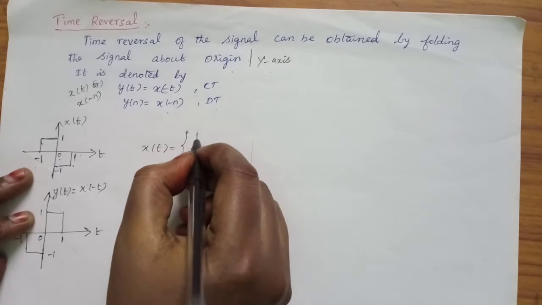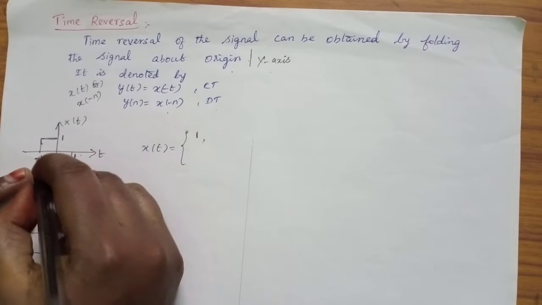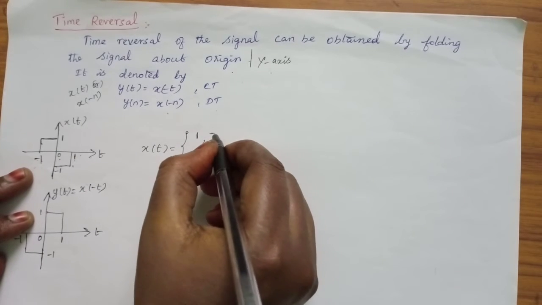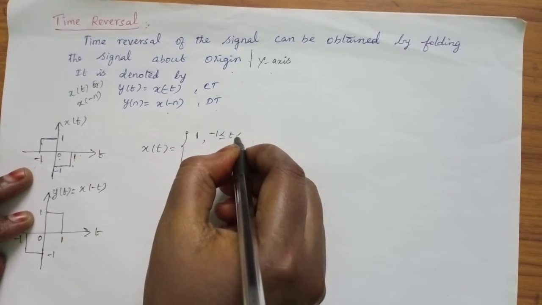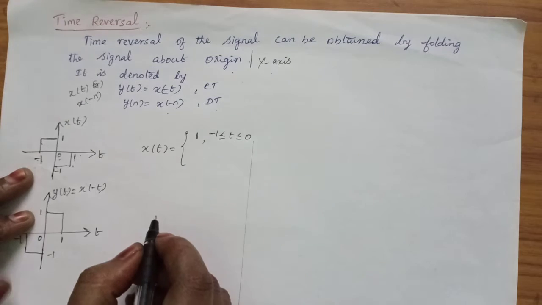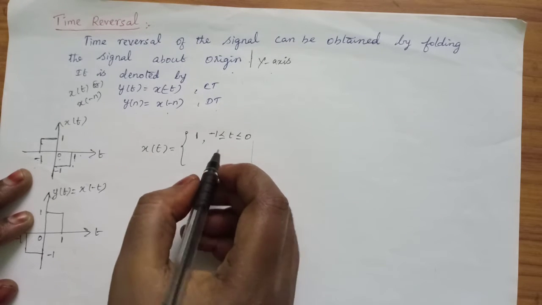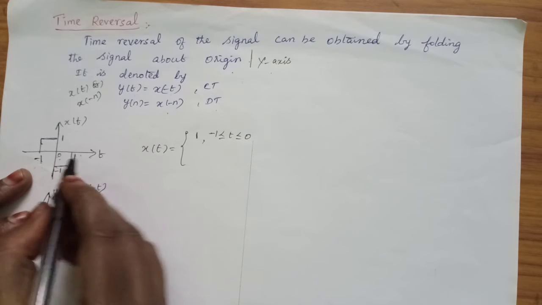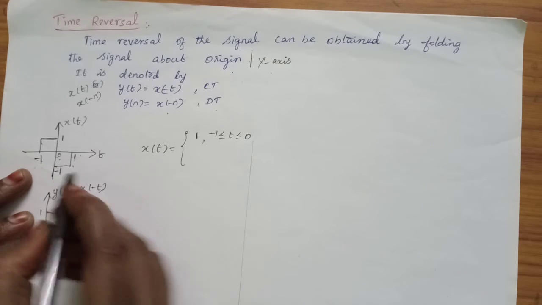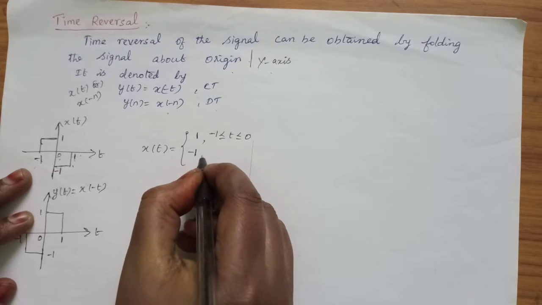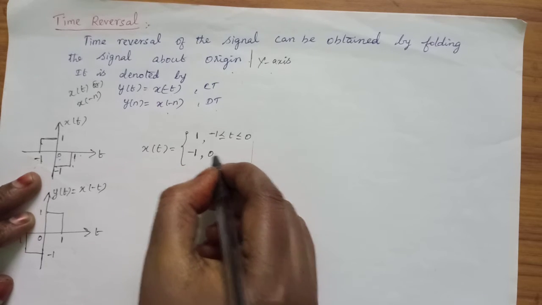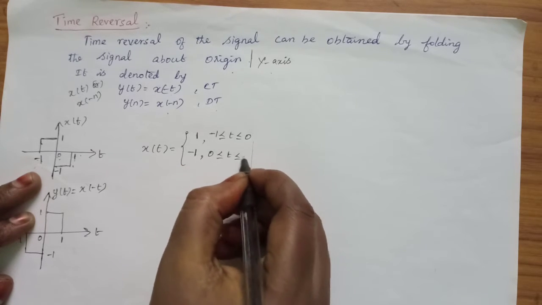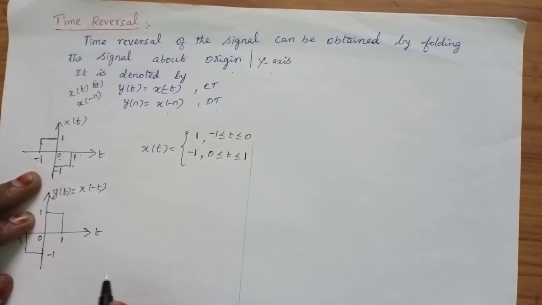So x of t equal to plus 1 for the duration minus 1 less than or equal to t less than or equal to 0. And for 0 to 1, its value is minus 1, so minus 1 for the duration 0 less than or equal to t less than or equal to 1.